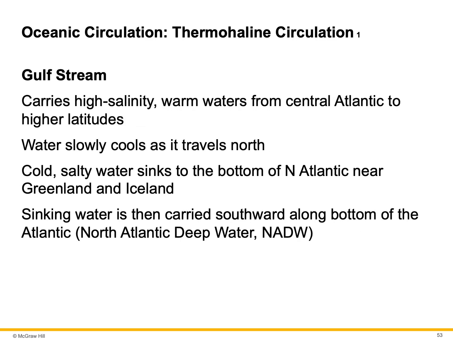The Gulf Stream carries high salinity, warm waters from the central Atlantic to the higher latitudes. The water cools as it travels north, and the cold, salty water sinks toward the bottom of the North Atlantic near Greenland and Iceland. The sinking water is then carried southward along the bottom of the Atlantic, and this is called the North Atlantic Deep Water.